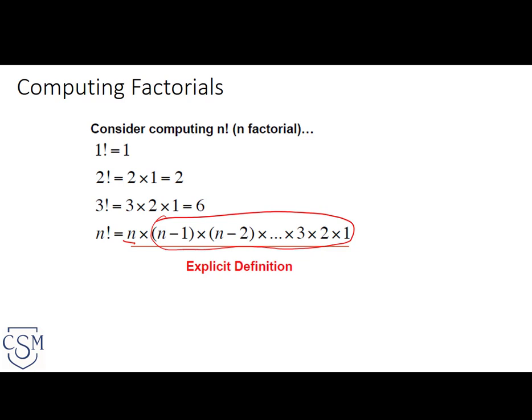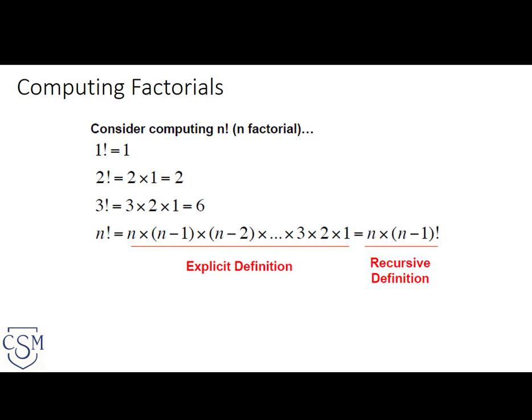Really, I'm multiplying n times n minus 1 factorial. So that is the recursive definition here, that it's n times n minus 1 factorial. So that is the recursive definition of the factorial computation.